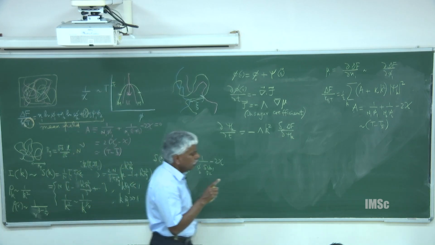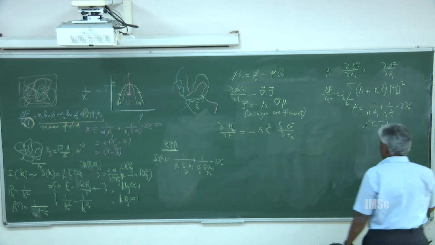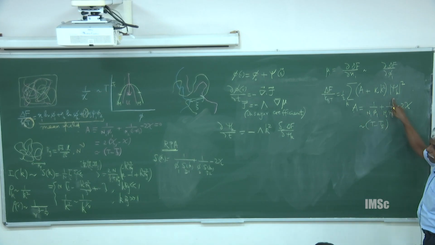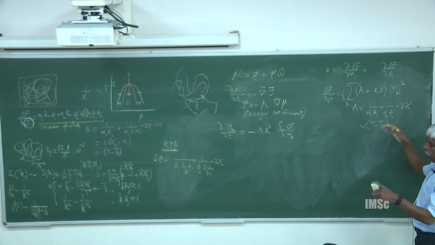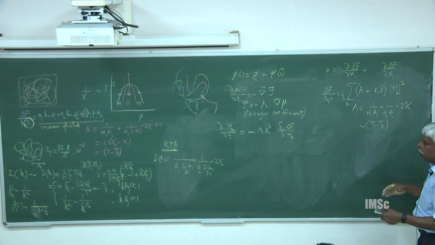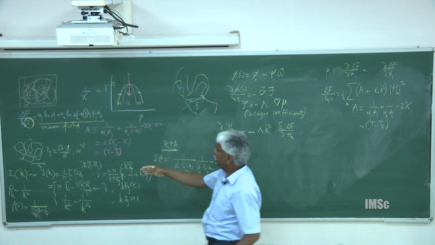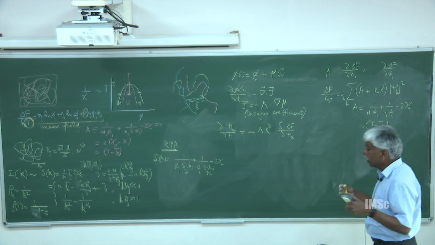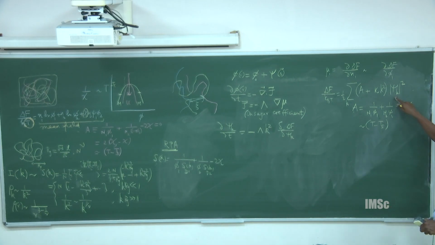You also know the structure factor is the order parameter correlation function, right? Structure factor is the average of psi k square, similar to what we wrote for a density correlation function. Similar to that, for intermingling mixtures, it will become the average of square of this psi k. That is my structure factor.